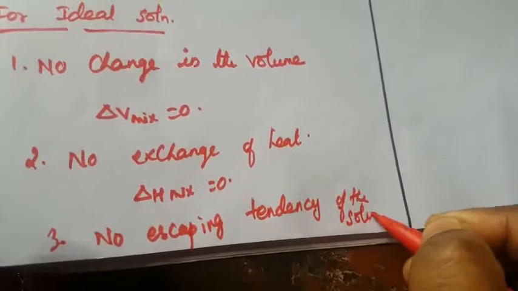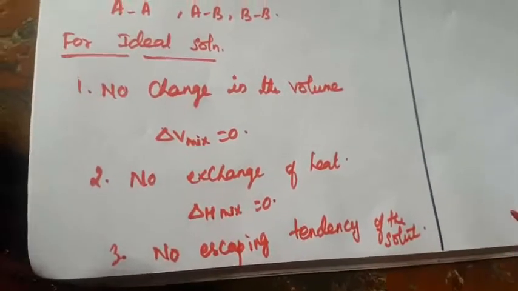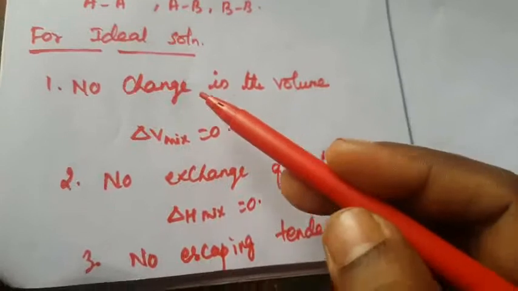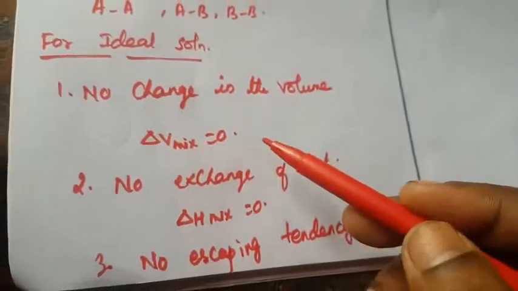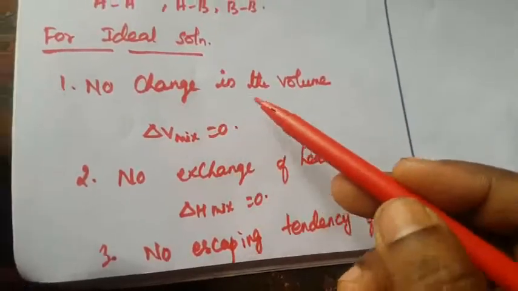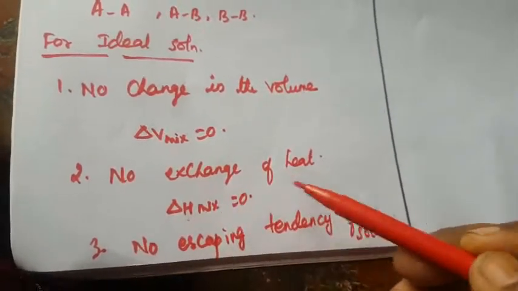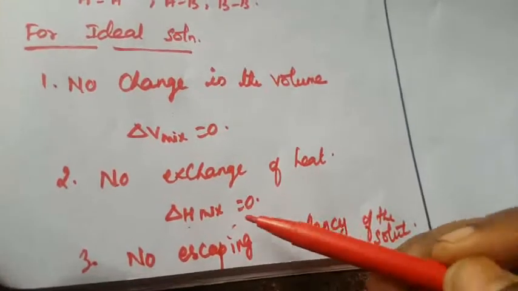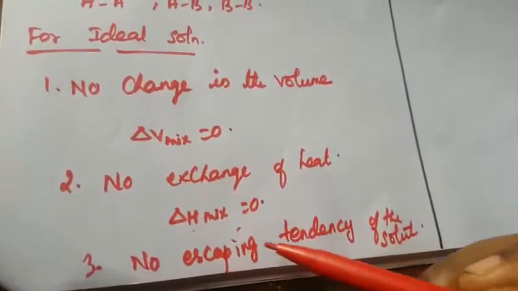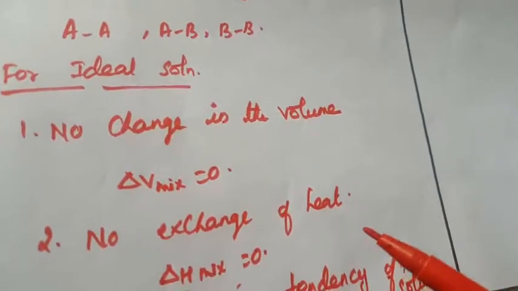So these are the three conditions for an ideal solution: no change in volume, no exchange of heat when mixing the solute and the solvent, and no escaping tendency of the solute.